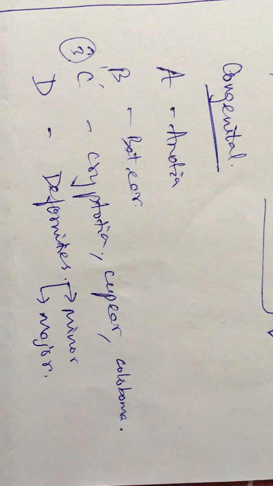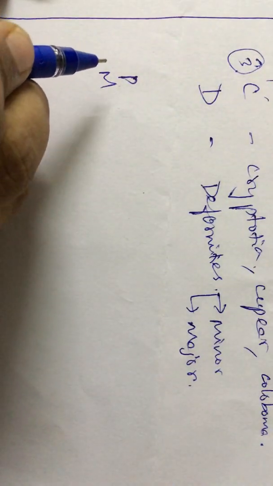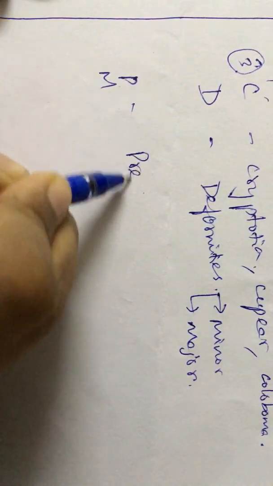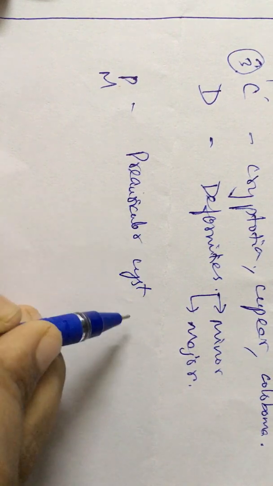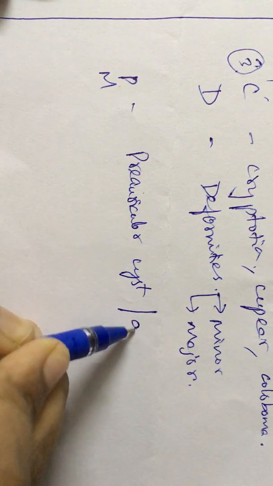Well, apart from that, congenital disorders could include two additional things, which could be remembered with the mnemonic PM. So, P stands for preauricular cyst and preauricular appendages.